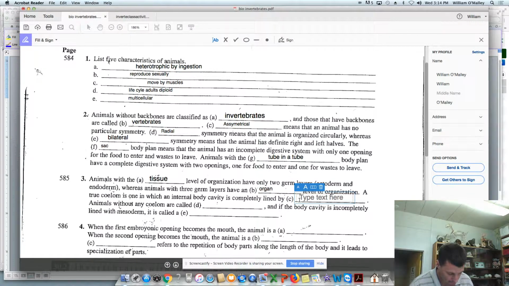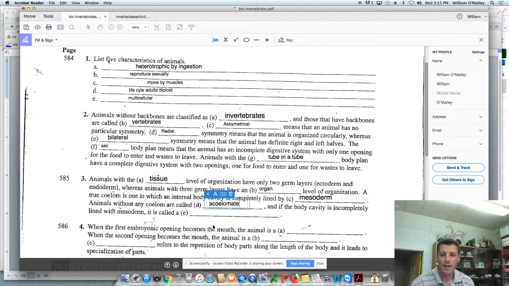Bella? Yeah, mesoderm is correct. What did I forget? Oh, by mesoderm. That'd make more sense, right? Animals without any coelom are called, it means literally without a coelom. Sophia? Acoelomate.